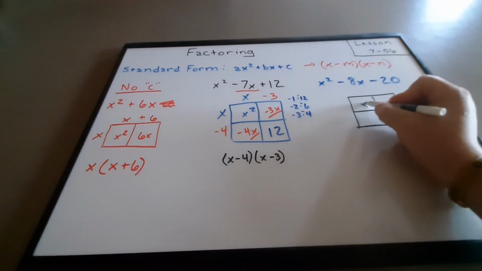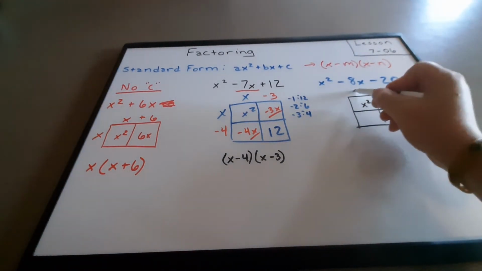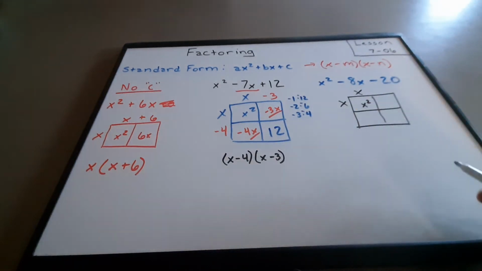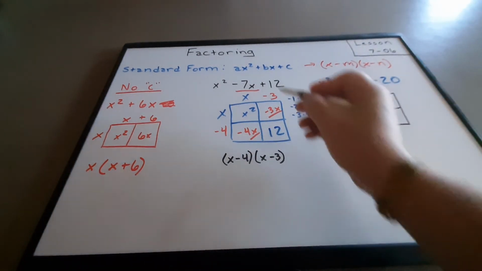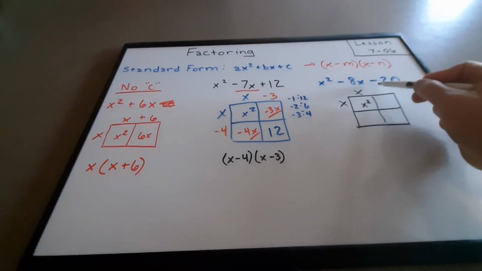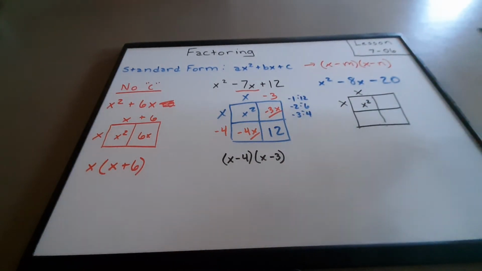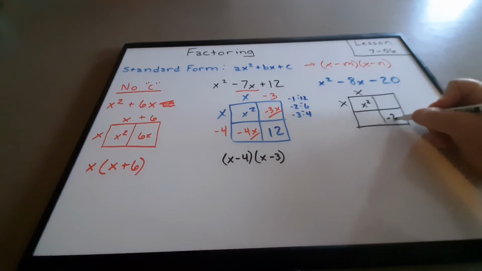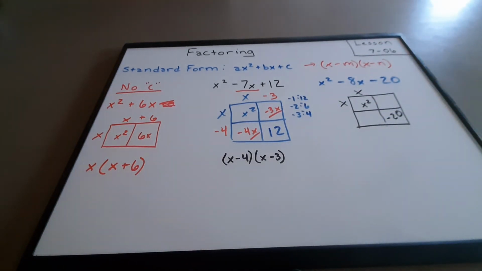So we have our x squared that we're starting with, and that comes from x and x. We want in this box here, well, in the previous one we had positive 12, so we put a 12 in. Here we have minus 20, so that actually is going to act as a negative 20. Okay, because this part is negative, that means we're going to have one negative number and one positive number.